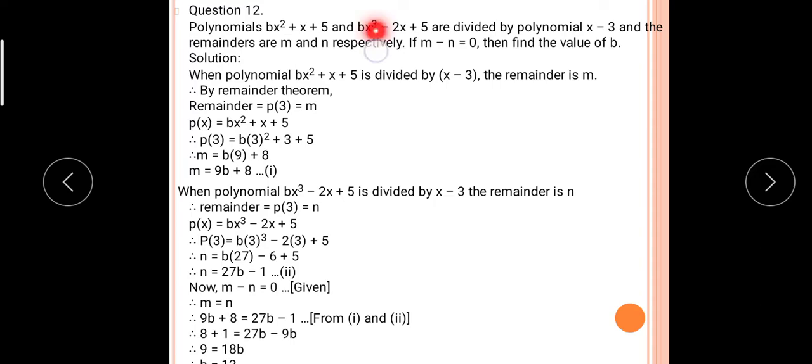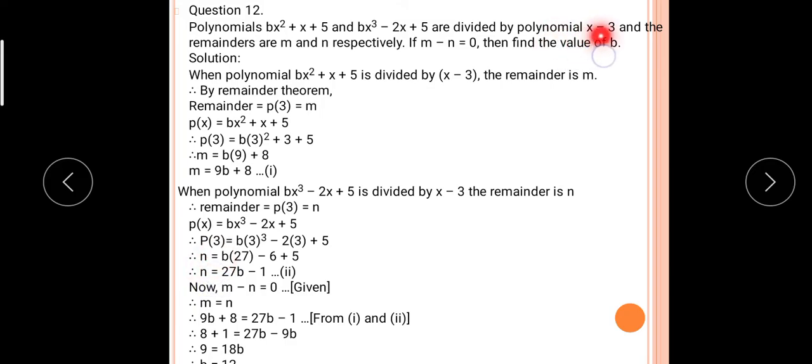Similarly, we have to solve the other condition. bx cube minus 2x plus 5 is the polynomial, and x minus 3 is the divisor. So by the remainder theorem, p of x is bx cube minus 2x plus 5. So p of 3, because x is equal to 3, is b times 3 cube minus 2 into 3 plus 5.